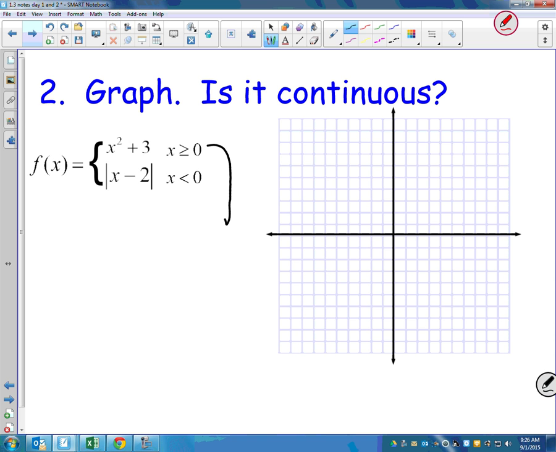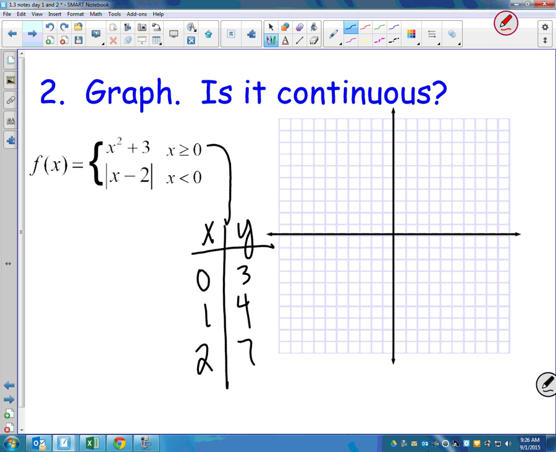Okay, so for this one, I plugged in 0, 0 plus 3 is 3. If I plug in 1, 1 plus 3 is 4. If I plug in 2, 2 squared is 4 plus 3 is 7.